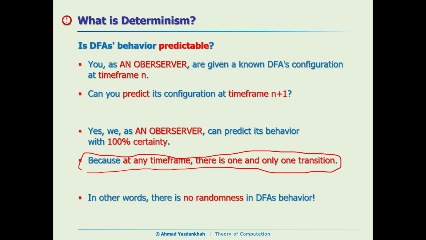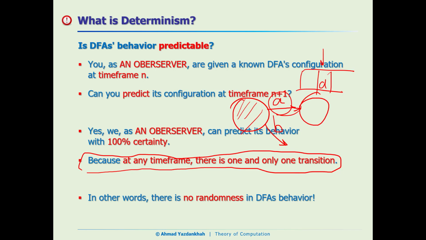There is no randomness. So if this state is activated and the input, for example, is A, I know that there is one transition for A, one transition for B, and if it is A, then it goes to this state. So you see, it is 100% predictable.